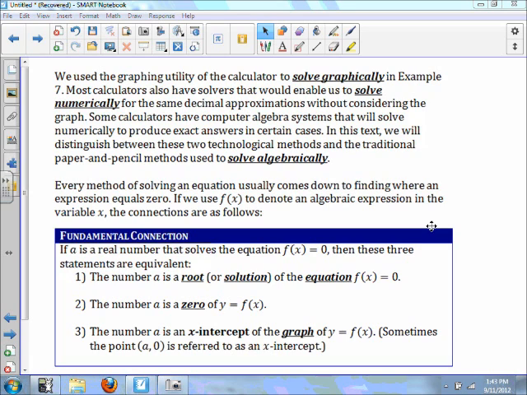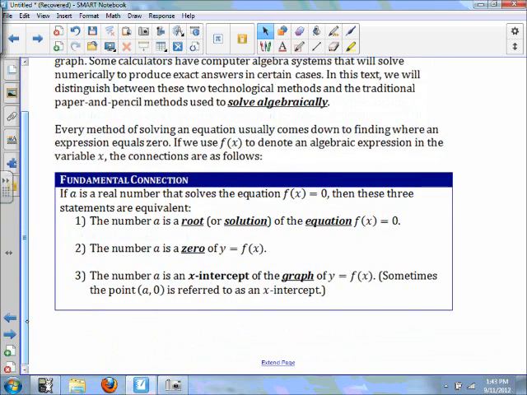Now, every method of solving an equation usually comes down to finding where an expression equals 0. If we use f of x to denote an algebraic expression of the variable x, the connections are as follows. If a is a real number that solves the equation f of x equals 0, then these three statements are equivalent.